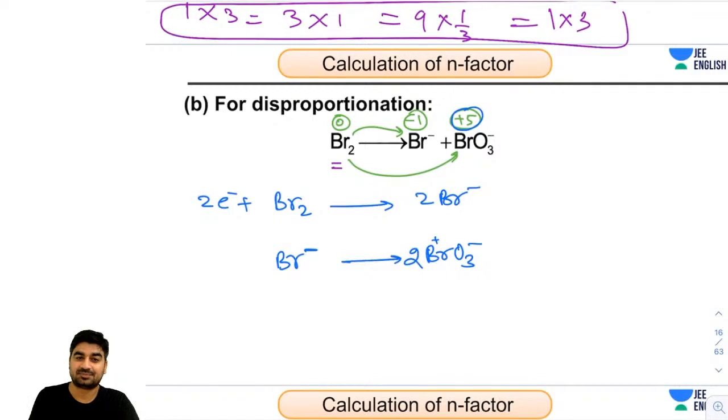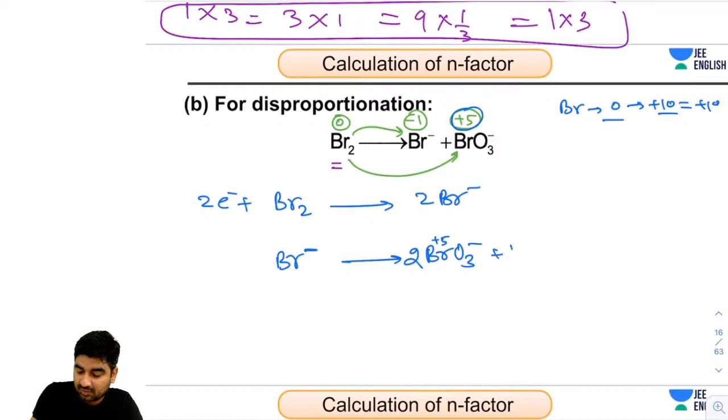So here you have +5, so 2Br. So bromine is going from 0 to +10. The difference will be 10 minus 0, plus 10 electrons.